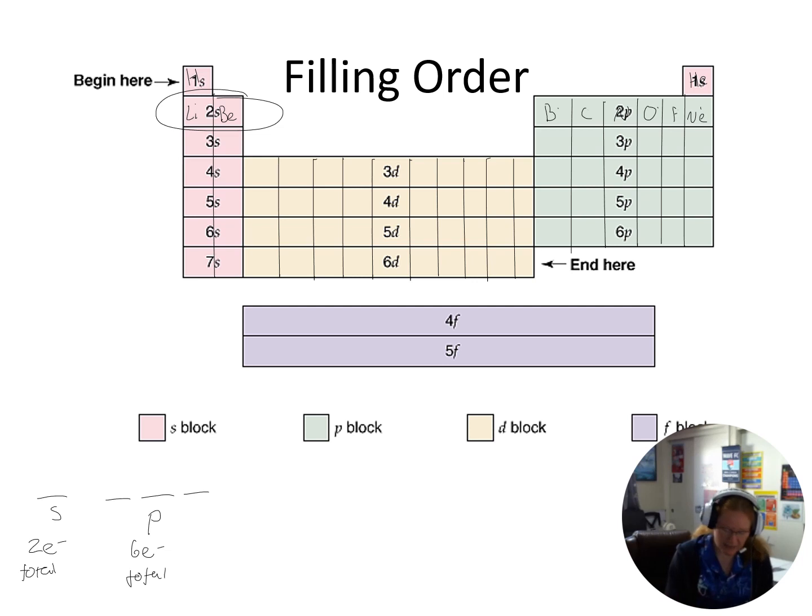So D, I have 1, 2, 3, 4, 5. So I have 5 different d orbitals. And again, we can fit 2 electrons in each orbital. So if I have 5 orbitals times 2 electrons, that's 10 electrons total. All right, well, what happens here? 1, 2, 3, 4, 5, 6, 7, 8, 9, 10.